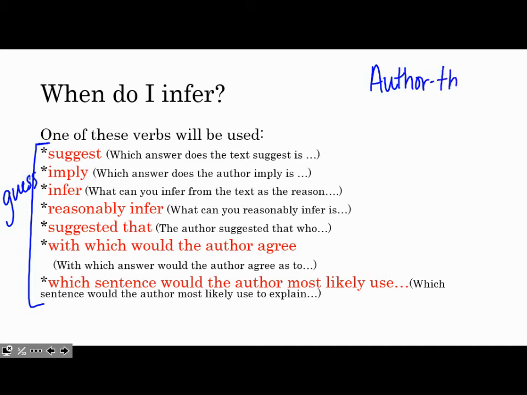So anytime you're asked what the author thinks, feels, or believes, that question is really asking you to make an inference. It is asking you to guess about what the author believes, thinks, or feels. We don't know that person, so we're never going to be 100% sure. It's just up to us to make a good guess.